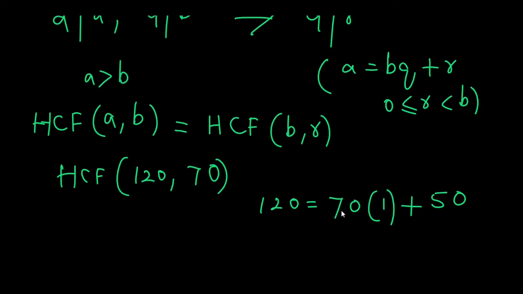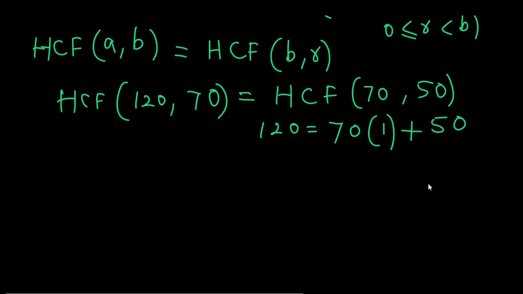So 120 equals 70 into 1 plus 50. Now the HCF of 120 and 70 is equal to the HCF of 70 and 50. Now the numbers have become smaller. The problem has become a smaller problem.